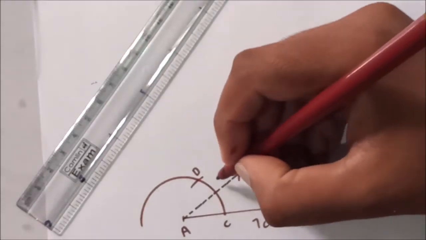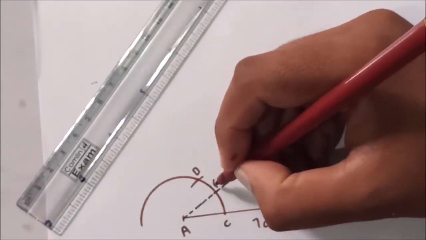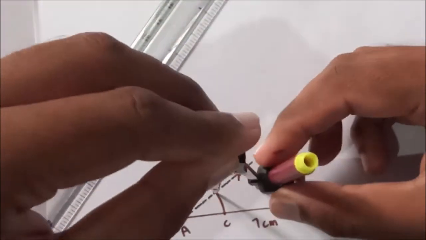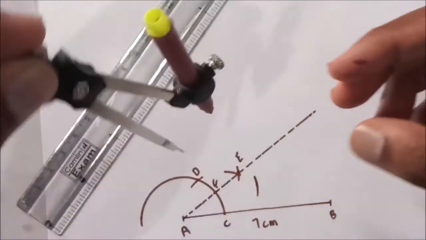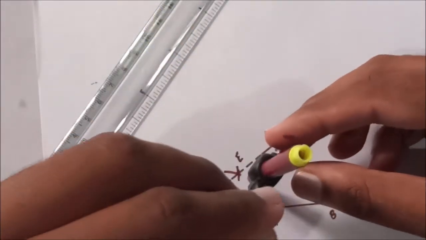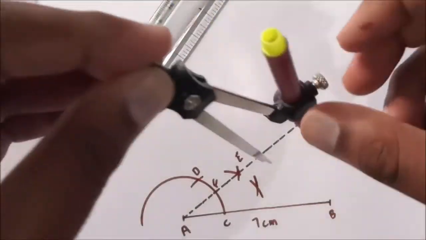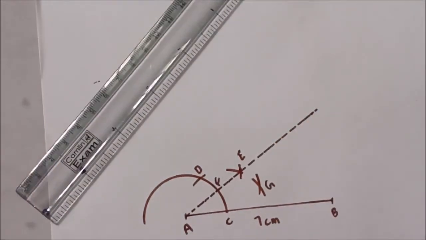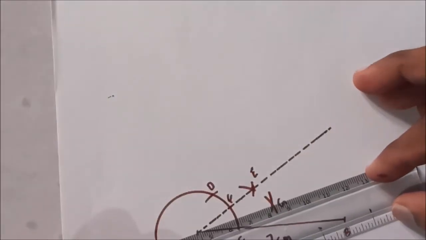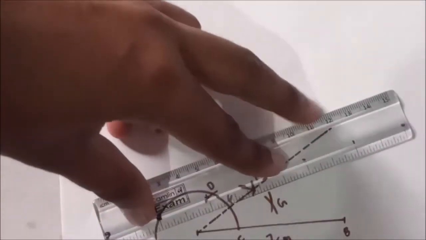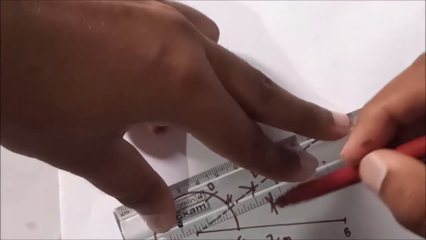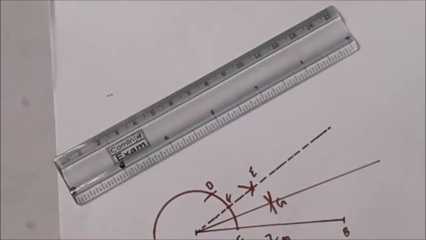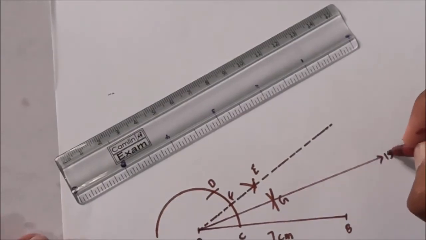This point where it is intersecting, I will make it F. Now from F, I'll construct an arc, and from C, I'll construct an arc. This point I'll make G. Now I'll join A and G using a scale. So this is 15 degrees.